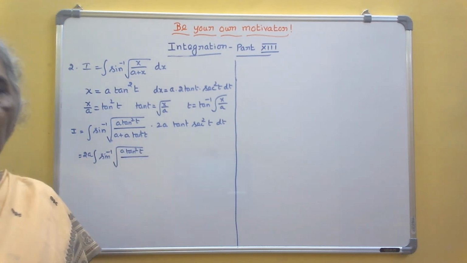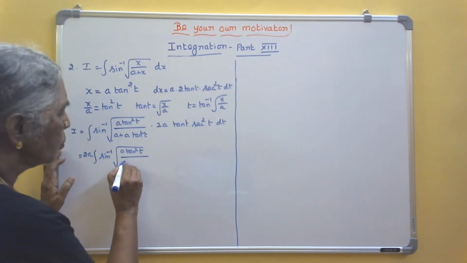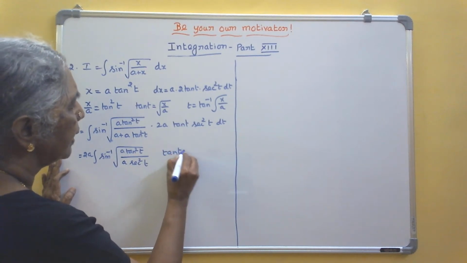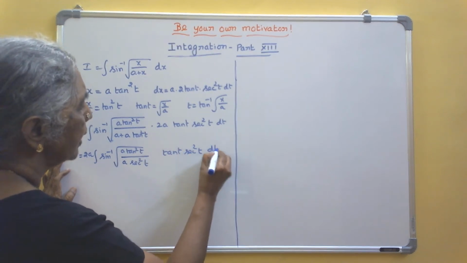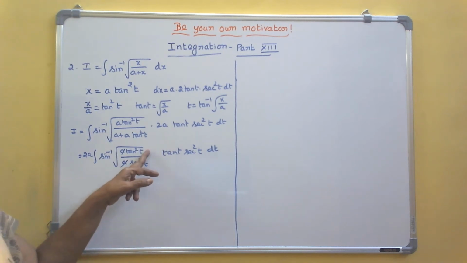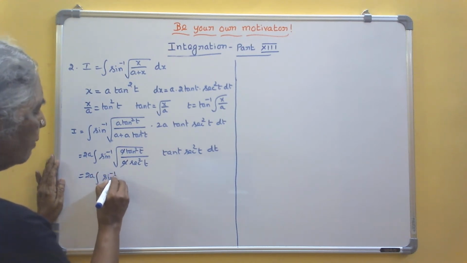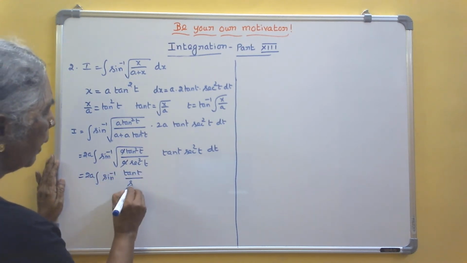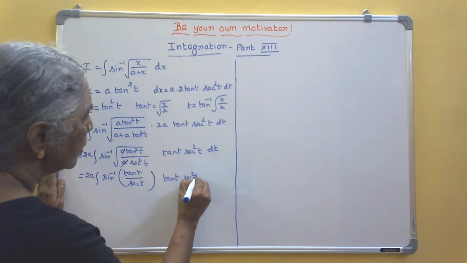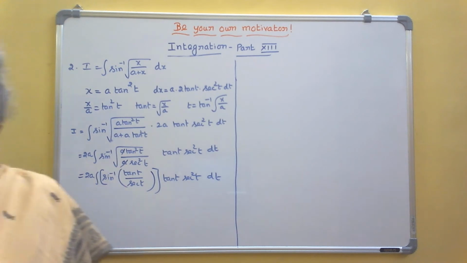If you take a common from the denominator, you will get 1 plus tan squared t, which is secant squared t. So, you will get a secant squared t. Then here I have tan t secant squared t dt. So, this a and a will go. If you remove the root, you will get tan t by secant t, right? So, 2a integral sine inverse tan t by secant t. Then you have tan t secant squared t dt. Don't cut this. This is one sine inverse function, remember.